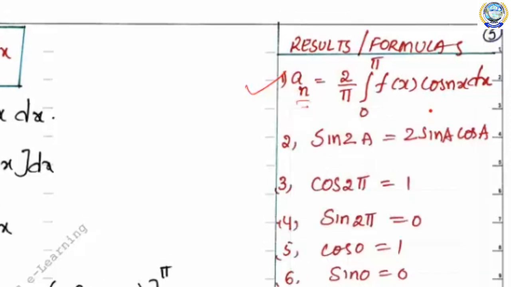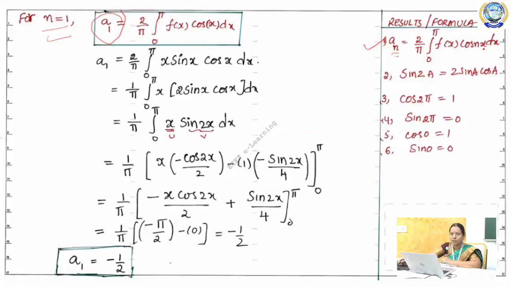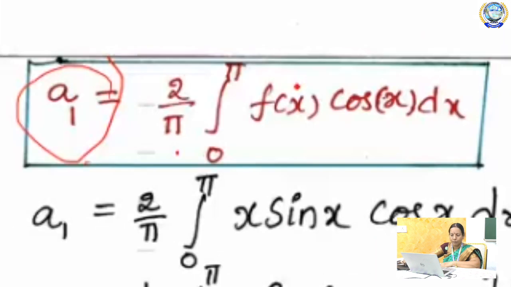An equals 2 by pi integral 0 to pi f of x cos nx dx. If you put n equals 1, what is a1? a1 equals 2 by pi integral 0 to pi f of x cos 1 into x, nothing but cos x dx.